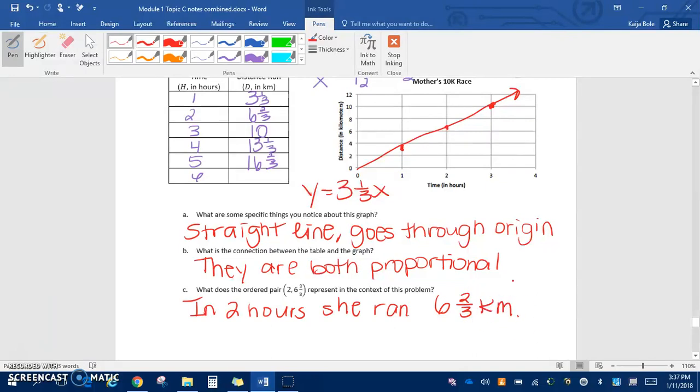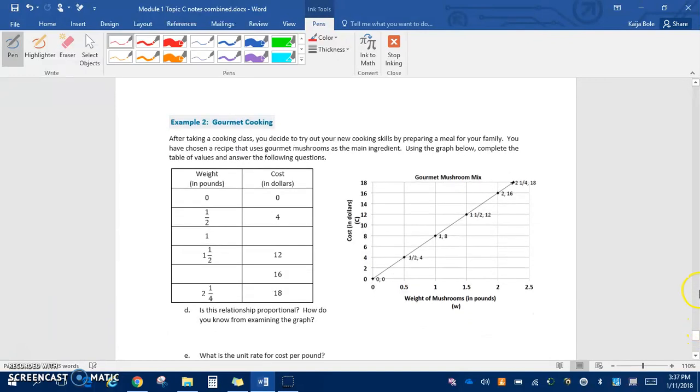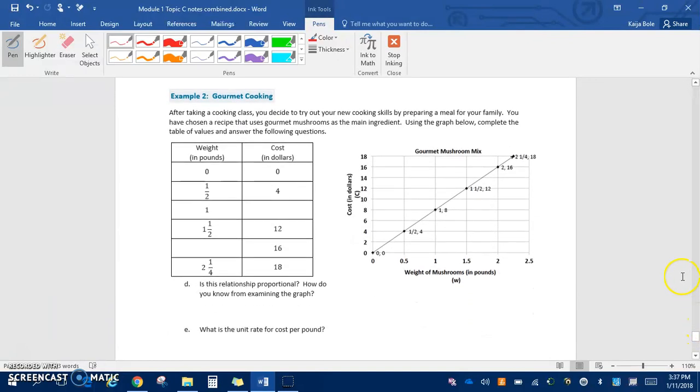Alright, so that's all for that one. So you can go ahead and flip over to your back page, which has the example about gourmet cooking. It says, after taking a cooking class, you decide to try out your new cooking skills by preparing a meal for your family. You have chosen a recipe that uses gourmet mushrooms as the main ingredient. Using the graph below, complete the table of values and answer the following questions.